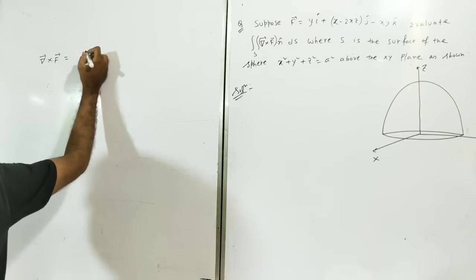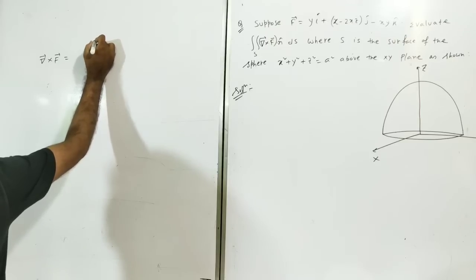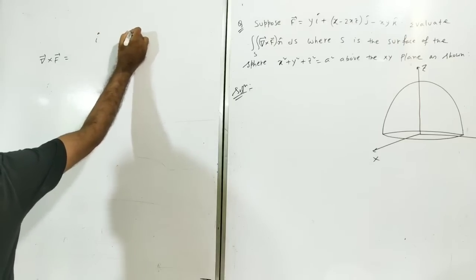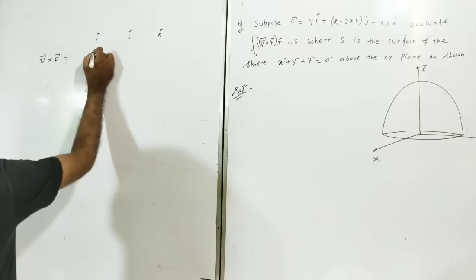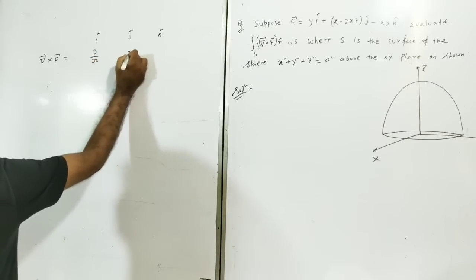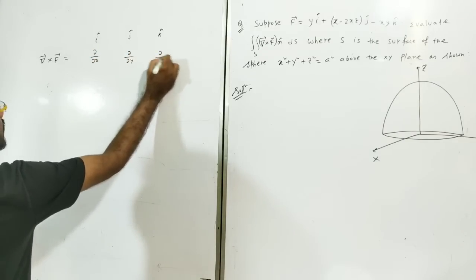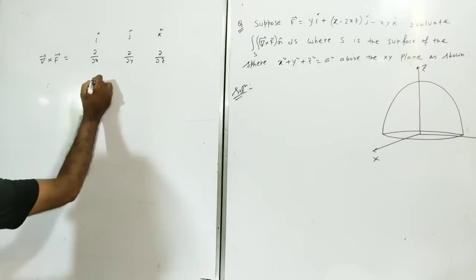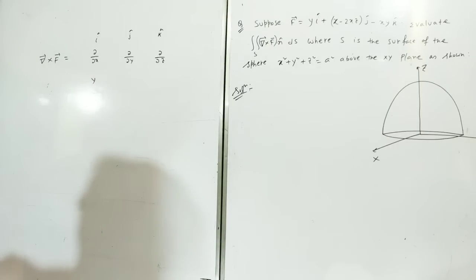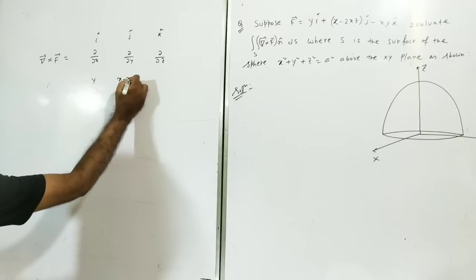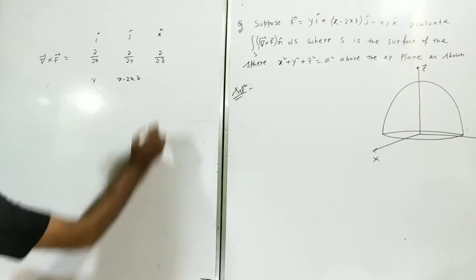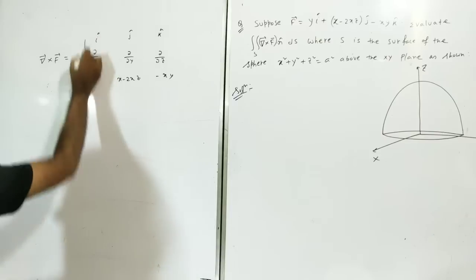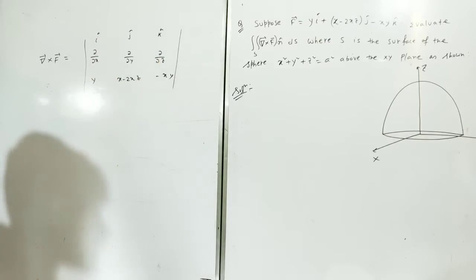It will be the determinant with i cap, j cap, k cap; del x, del y, del z; then we put the coefficients of i, j and k. The coefficient of i is y, the coefficient of j is x minus 2xz, and the coefficient of k is minus xy. Now we have to solve this determinant.